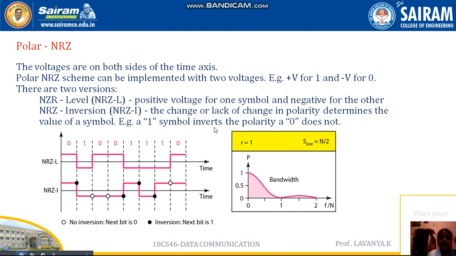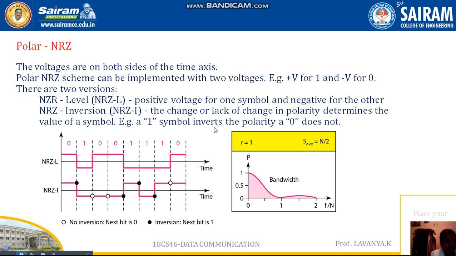The non-return to zero level contains a positive voltage for one symbol and a negative voltage for the other. Based on usage, we can use the positive voltage and the negative voltage.